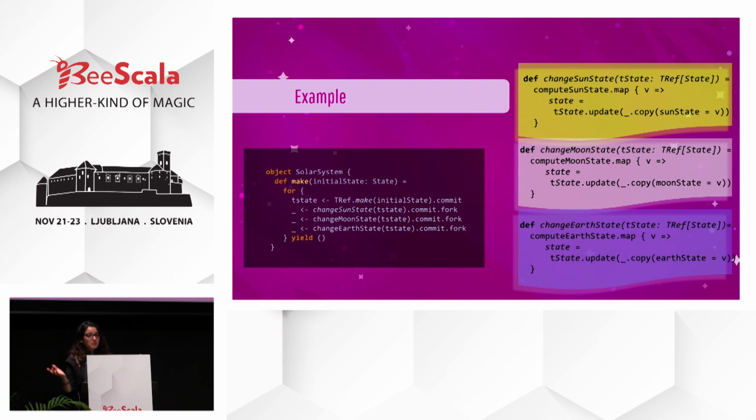So our program would define, we will make a reference with an initial state of type State, then we will commit this transaction, and we will get our TRef and feed the functions changeSunState, changeMoonState, and changeEarthState with that tref, and we commit them, and we use .fork to run all of them in a separate fiber.